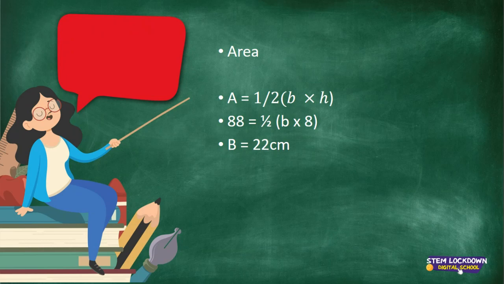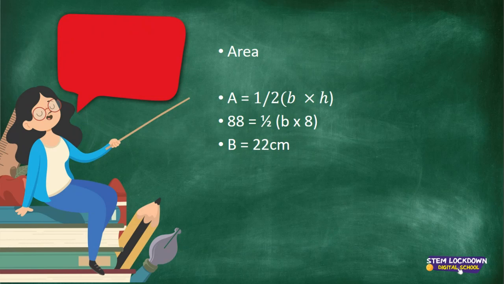If you substitute, you can see that the area there is 88, whereas the height is h, which is 8. And you can just substitute, as you can see in the second step. Once you are at this point, you can simply divide both sides by 8.